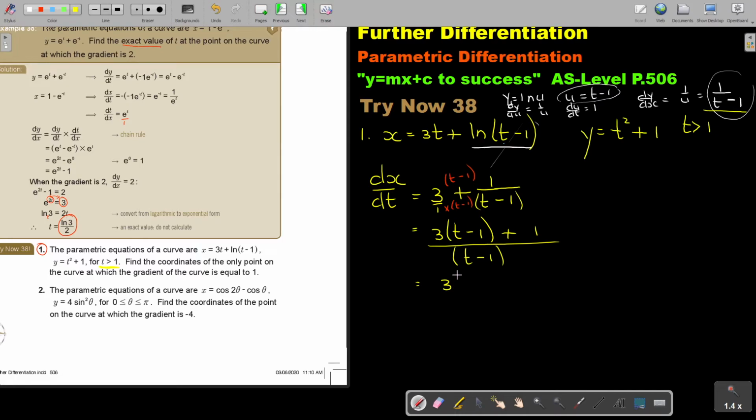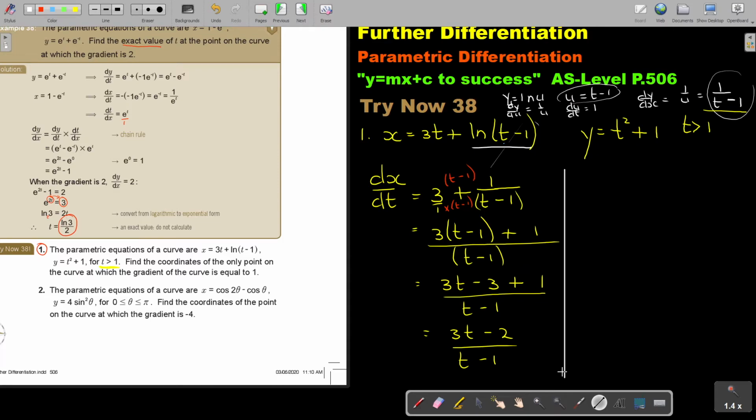Okay, and that's 3t minus 3 plus 1 over t minus 1. So it's 3t minus 2 over t minus 1. I'll show you now when I'm going to turn it around. But for now, let's first stop there and then I'll continue.